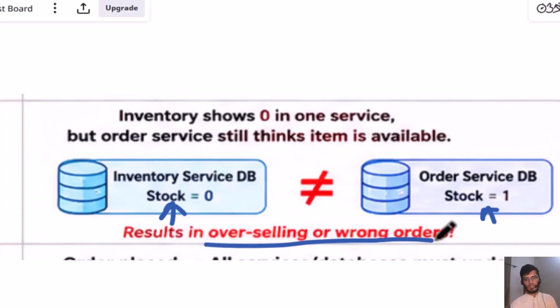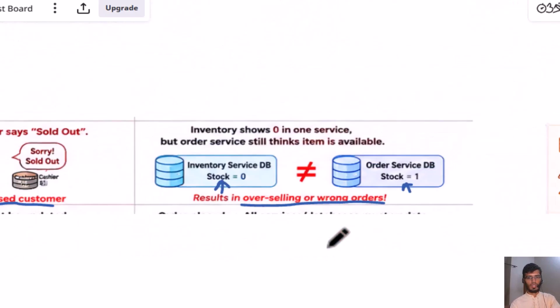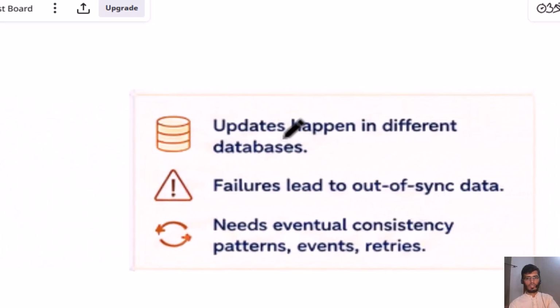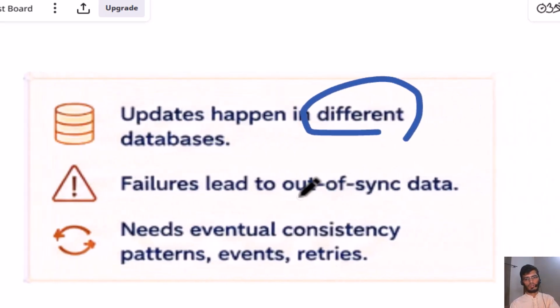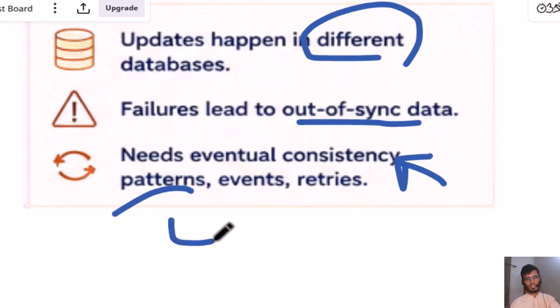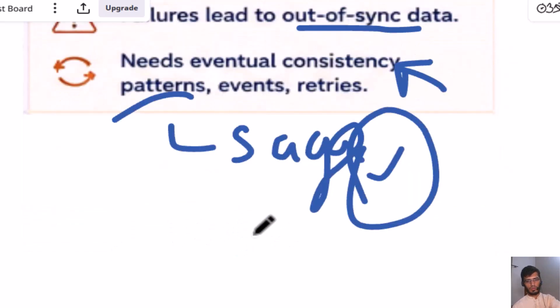It will result in wrong orders. And why is consistency challenging? Because updates need to be done in different databases, and failures lead to out of sync data, and we need eventual consistency. These eventual consistency patterns include the saga pattern or 2PC. These patterns we will discuss in the future.